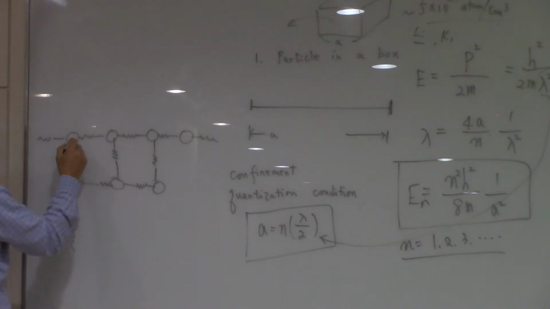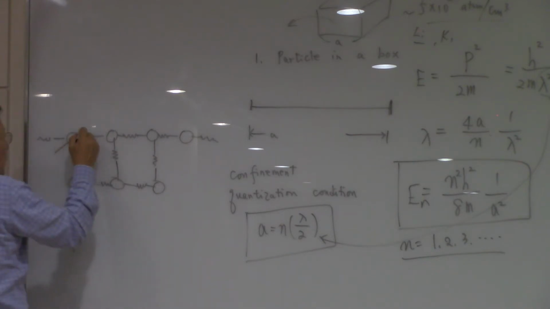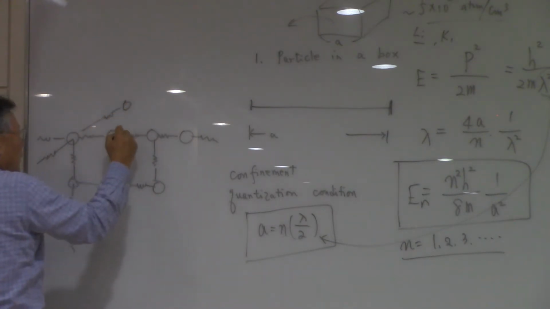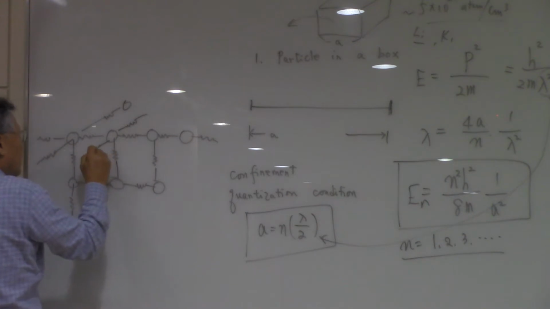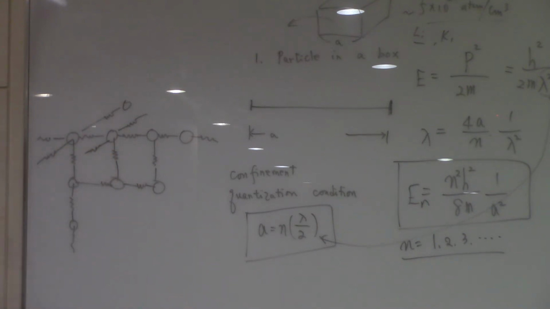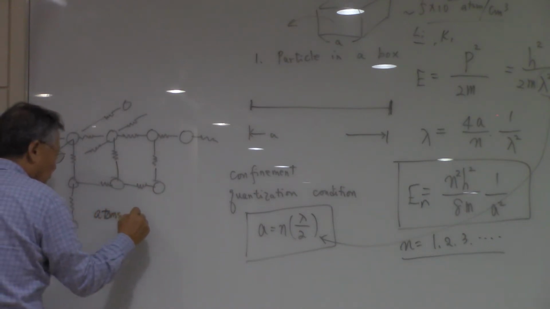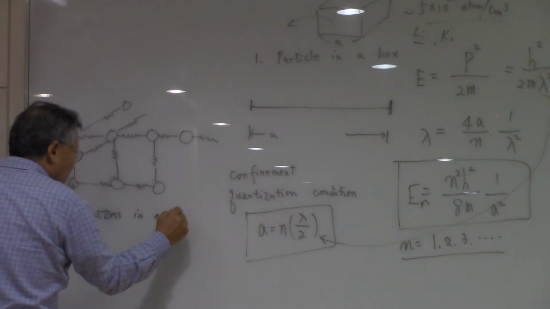And then these atoms are going to oscillate in 3 dimensions, x and y and z axis, something like this, right? So this oscillator means atoms in a lattice.